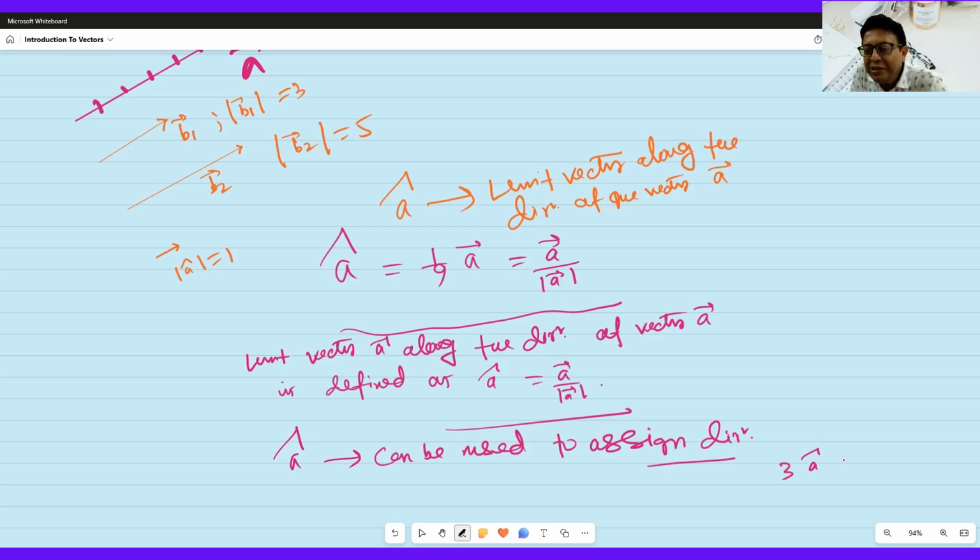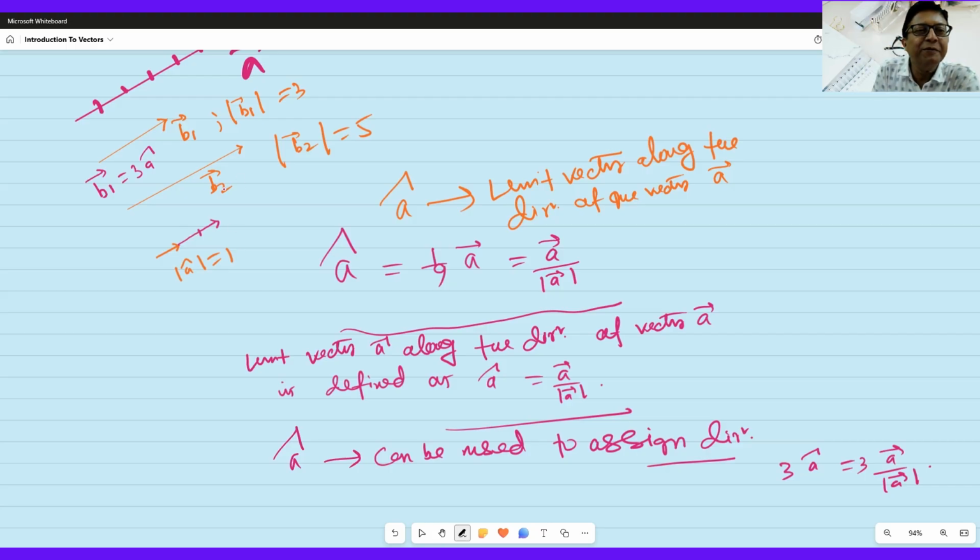How can you write 3 into A cap vector? 3 into A cap means 3 into A by mod A, isn't it? In this diagram, if you see the vector B1, then B1 is actually 3 into A cap. What I have done is magnified this vector 3 times in this direction, then I get B1 vector.